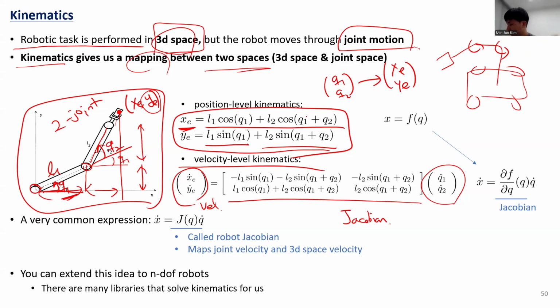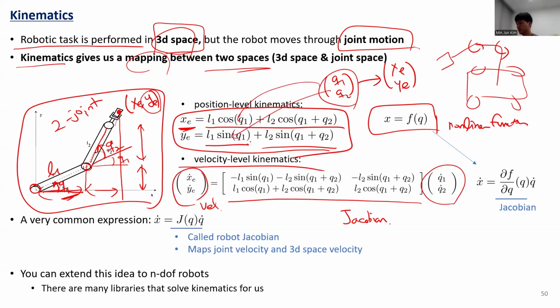So position level kinematics is in general a nonlinear relation, because Q1 and Q2 go into cosine and sine. So that's a nonlinear function. And at the end, we get xe and ye. So there is a nonlinear function, right? So if you take the time derivative, we get x dot on the left-hand side. That's the Cartesian velocity. On the right-hand side, we get partial f partial q times q dot, using the chain rule, right?